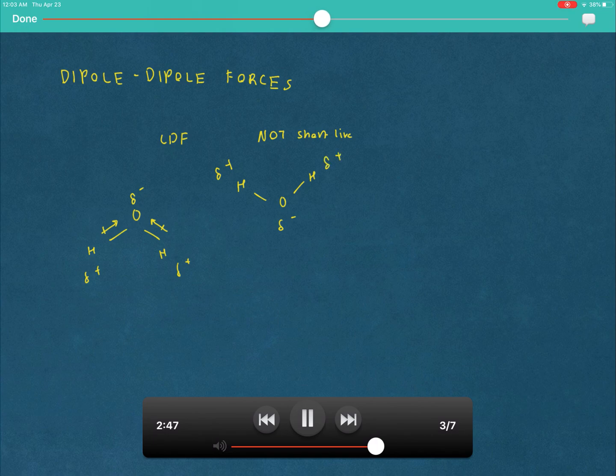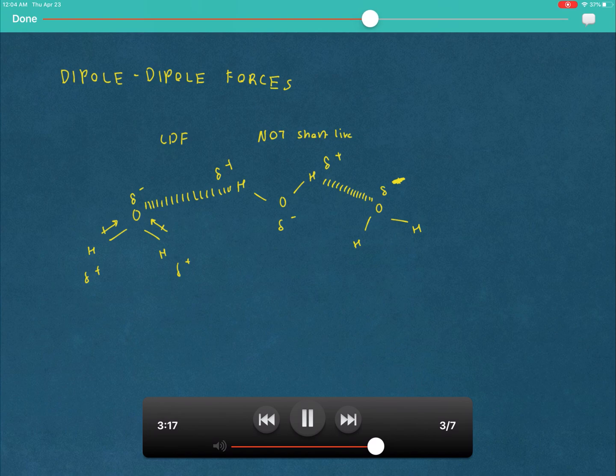So the dipole-dipole forces will occur between the partially negative end and the partially positive end of another molecule. So it will occur between the O and H over here, and say we have another molecule of H2O. It'll occur between H and O. Sorry, that should be negative. And it's just going to keep going like that, and that's how it works.